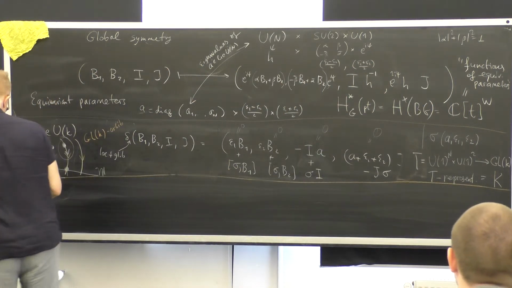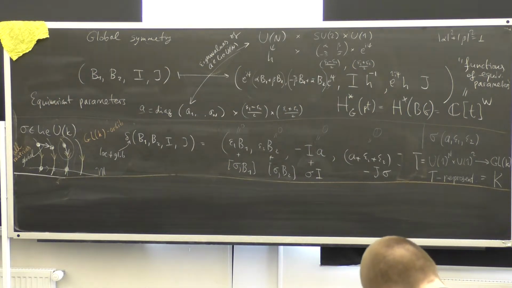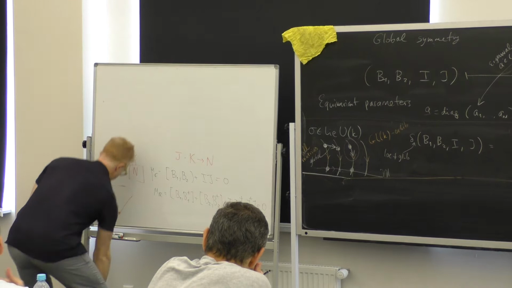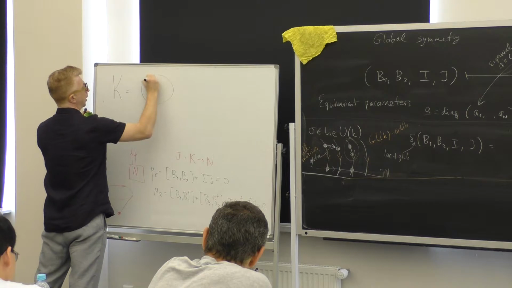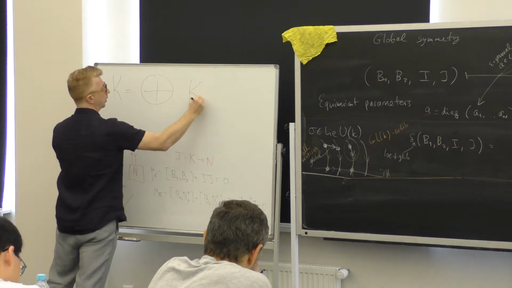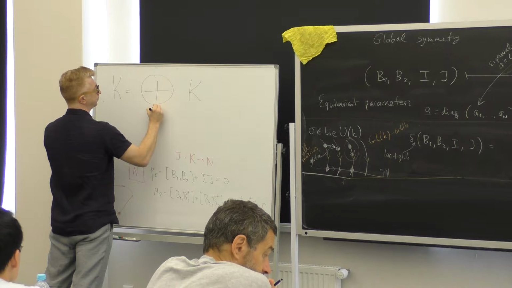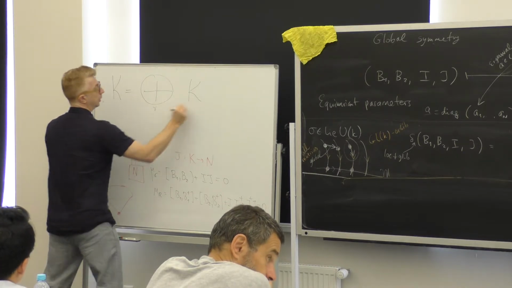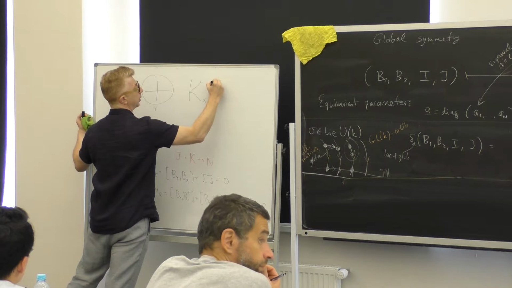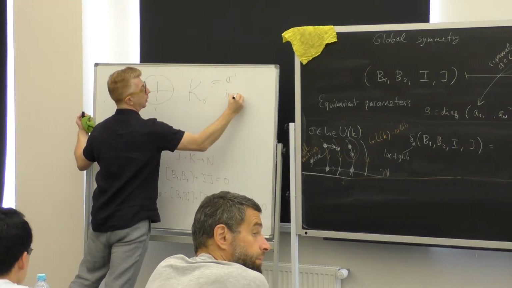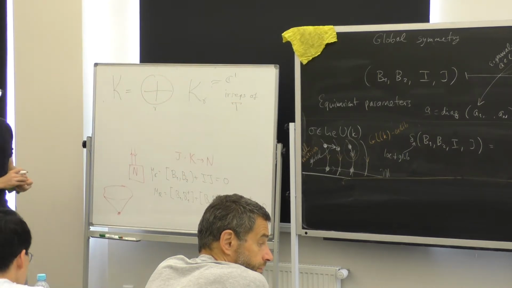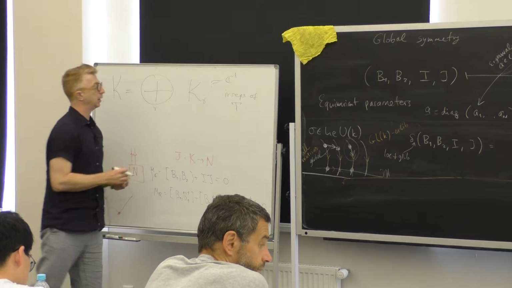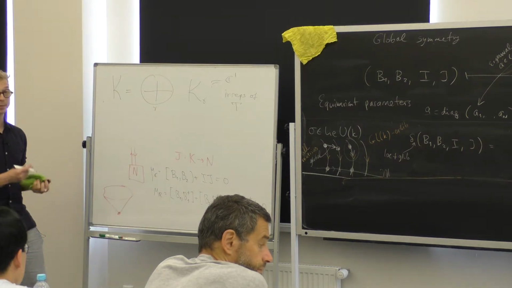So my space K splits as a sum of, what would be the good letter, one-dimensional irreps of T. And each representation of T comes from a character.